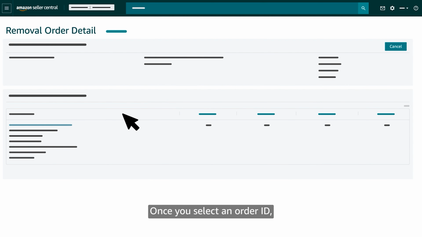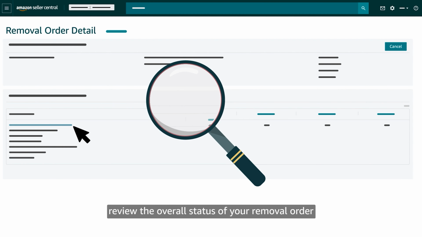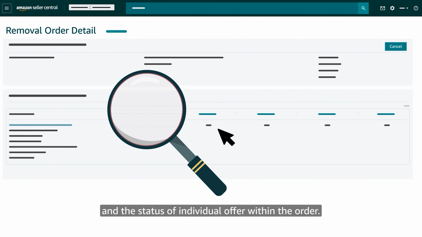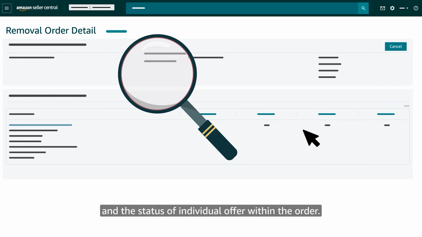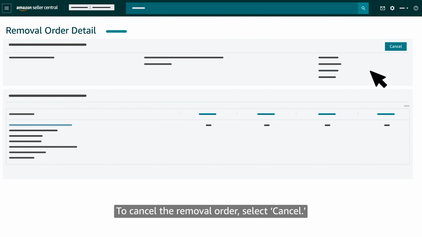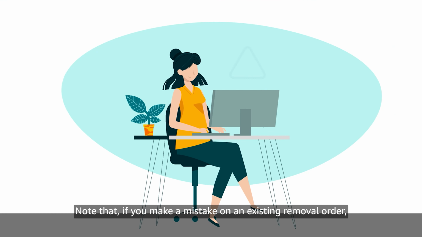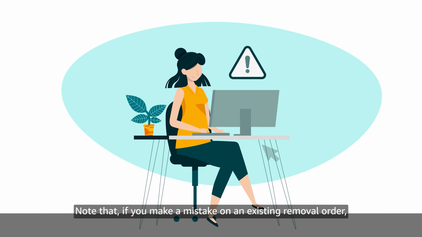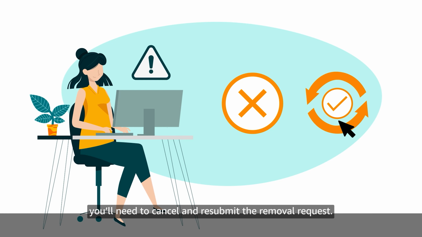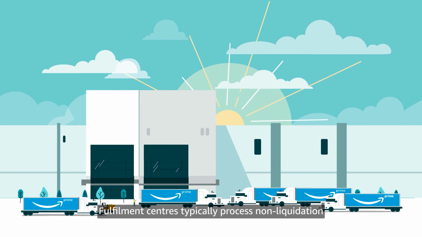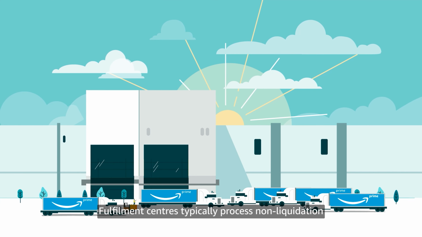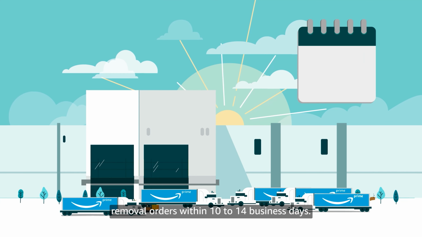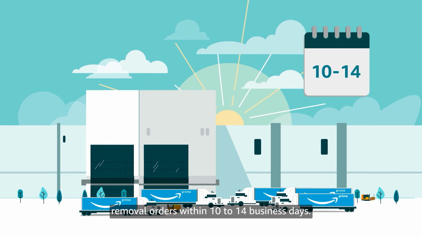Once you select an order ID, review the overall status of your removal order and the status of individual offers within the order. To cancel the removal order, select Cancel. Note that if you make a mistake on an existing removal order, you'll need to cancel and resubmit the removal request.